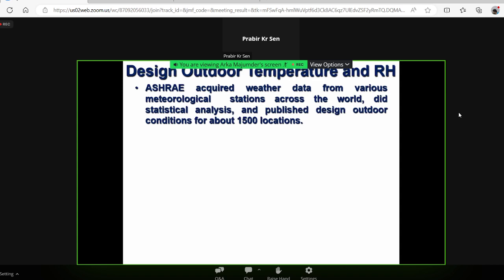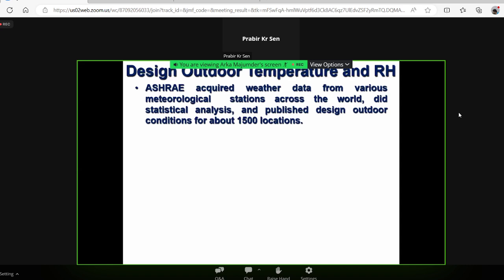Now, outdoor relative humidity also, because you are taking outdoor fresh air, that brings in moisture. So outdoor relative humidity is also very important. In fact, knowing the outdoor design temperature and RH, which we call the outdoor design condition, is the starting point of any heat load calculation. ISHRAE has done extensive research on them, about 1,500 locations all over the world.